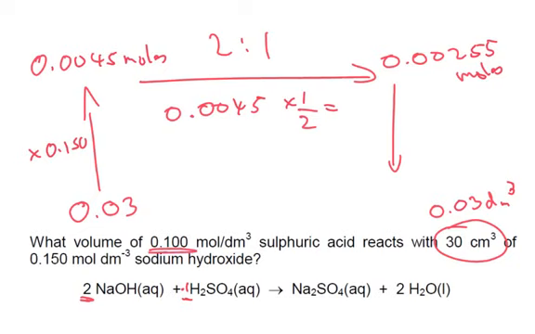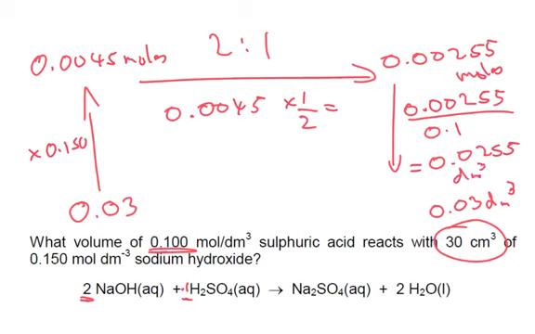So 0.00255 divided by 0.1, we're getting an answer of 0.0255. Now that's decimeters cubed. If we want to convert to centimeters cubed, times that value by 1,000, and we get an answer of 25.5 centimeters cubed. That's our final answer.